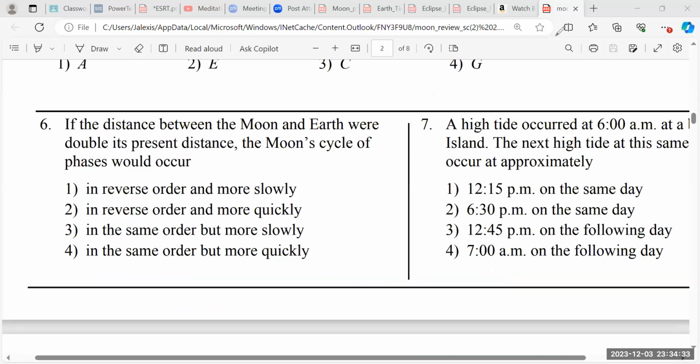All right, number 6. Number 6 says if the distance between the moon and Earth were doubled its present distance, the moon's cycle of phases would occur blank. So first off, we have to know what causes the moon cycle of phases. Why do we even see the moon cycle of phases? It's all because of the moon's revolution.